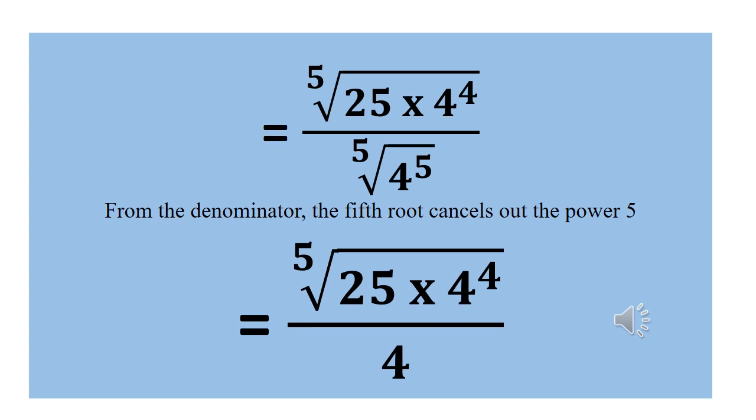From the denominator, we can see the fifth root of 4 raised to power 5, which means the fifth root can cancel out the power 5 there. So we now have the fifth root of 25 times 4 raised to power 4 all over 4.